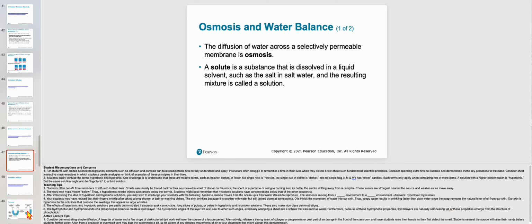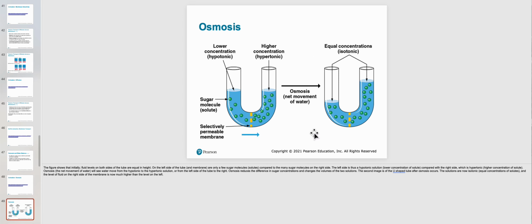The best example is this picture right here for osmosis. Now let's look at what this picture is telling us. At the start, the water levels on both sides of the tube are the same. But then we have a membrane here in yellow.